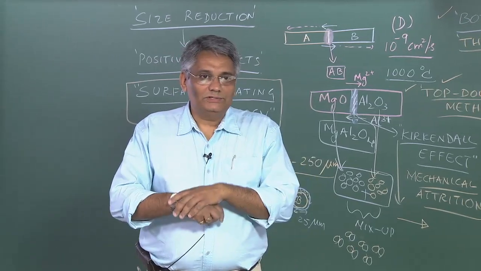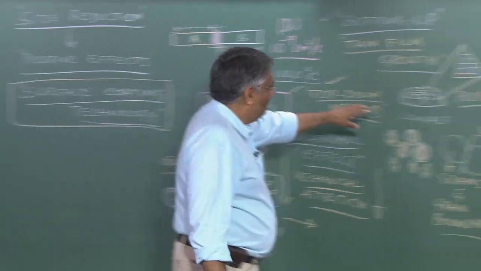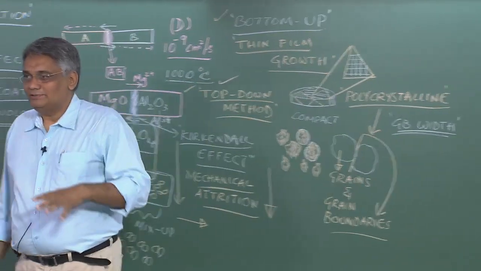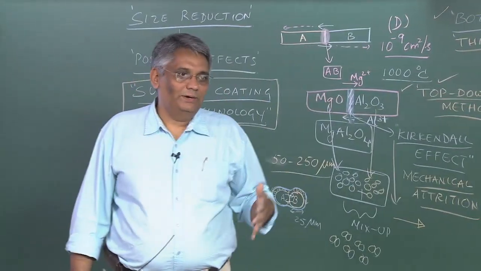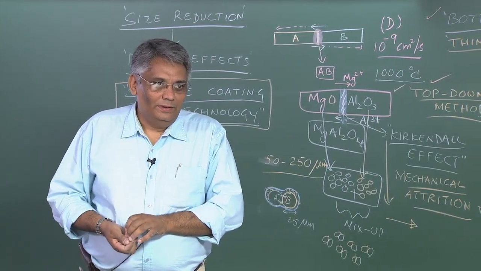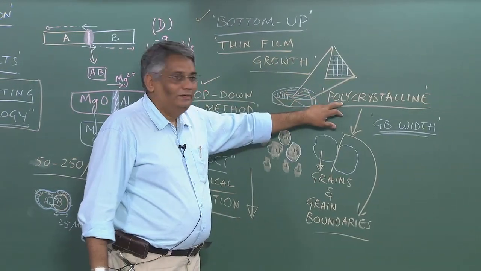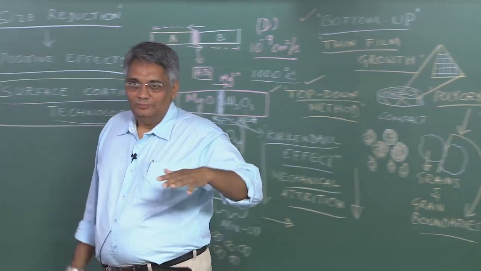So if you make a solid state capacitor with such a system, you only end up making a leaky capacitor because the grain boundaries are leaky paths. They can provide leaky paths. The charge leaks out.